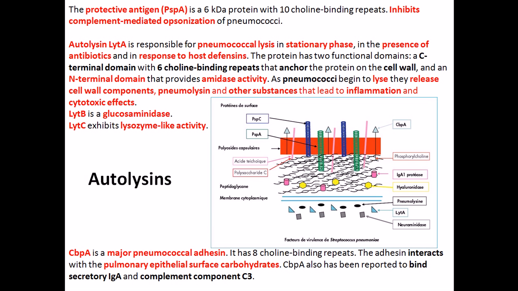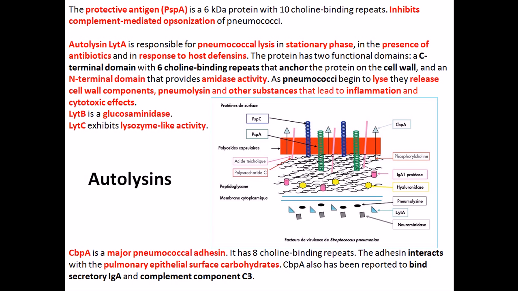That's why the names are A, B, C: A acts first, then B, then C. B and C work only after the lysis is completed and started by LytA during the stationary phase of pneumococcal division. LytB acts as a glucosaminidase, and LytC exhibits lysozyme-like activity. Then everything works together, leading to an inflammatory response, because they bring in the normal immune system cells and the cell-mediated immunity of the host, and they finally cause cytotoxic effects.